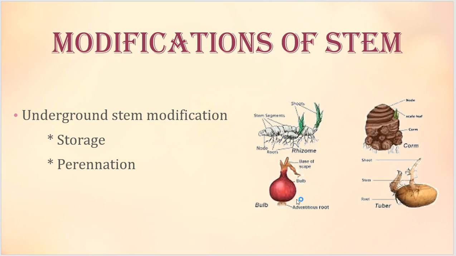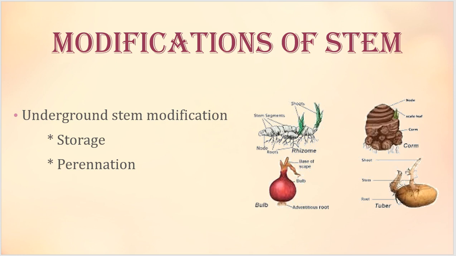And the next kind of bulb is the scaly bulb. What happens in a scaly bulb? In a scaly bulb, the stem is completely reduced to a discoid structure, like a disc, and it never stores food. It is so highly reduced that we can never see the nodes and internodes there.